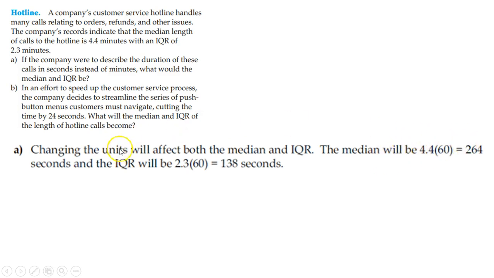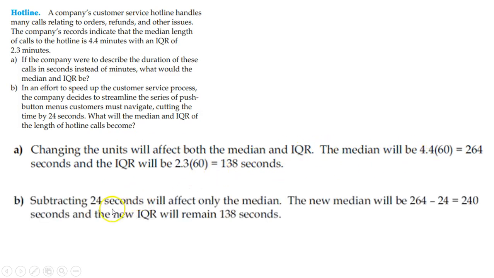That means the median has to change as well as the interquartile range, because that is your sense of variation, giving us our two new values. But by cutting, we are subtracting 24 from each item, which in turn will impact the median still, so it will decrease. All right? So it decreases the number of seconds.